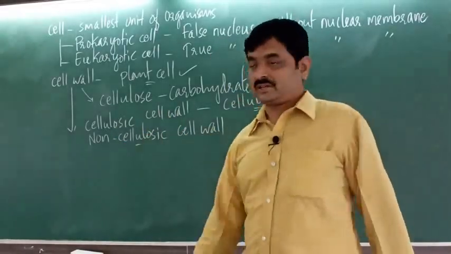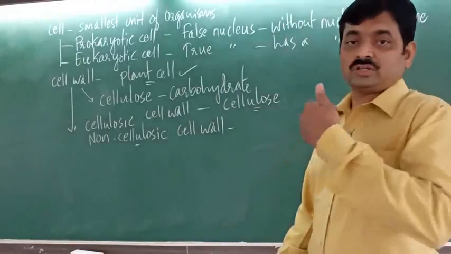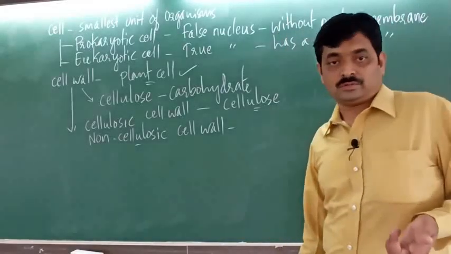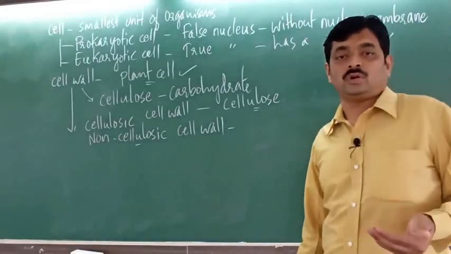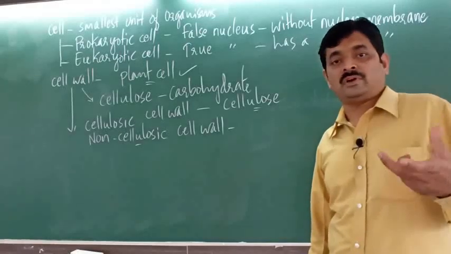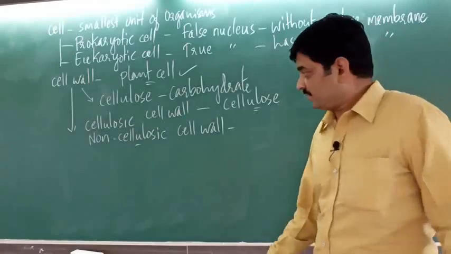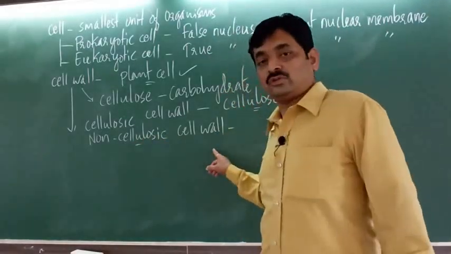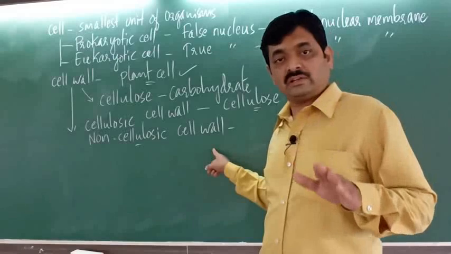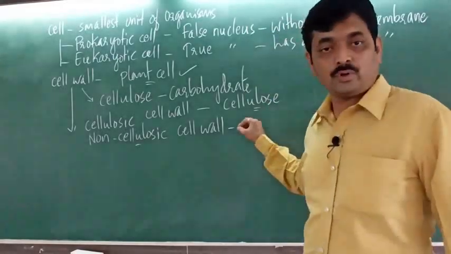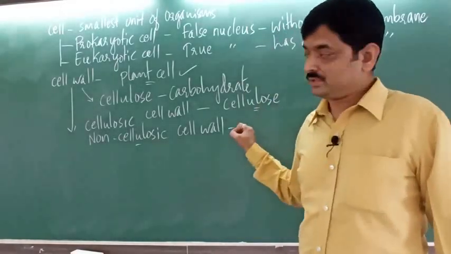Similarly, non-cellulosic is when it is not purely made up of cellulose. It may have some other biomolecules, maybe amino acids or proteins, along with polysaccharides. Then it is called non-cellulosic, right? So non-cellulosic means it is not purely made up of cellulose.